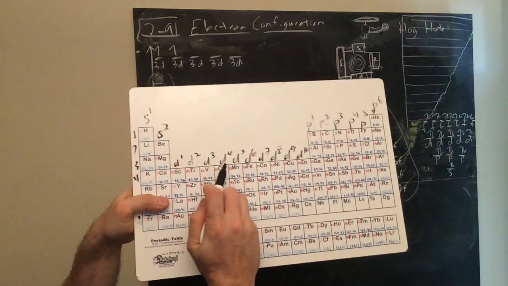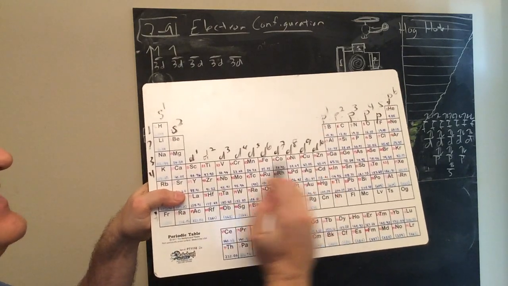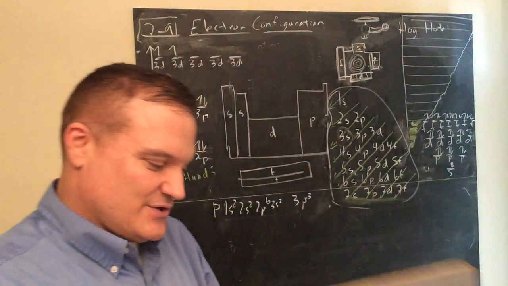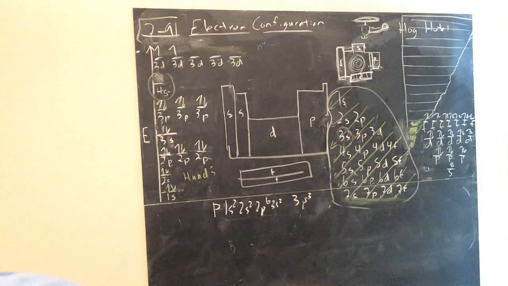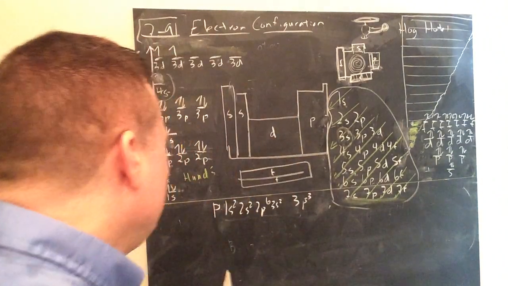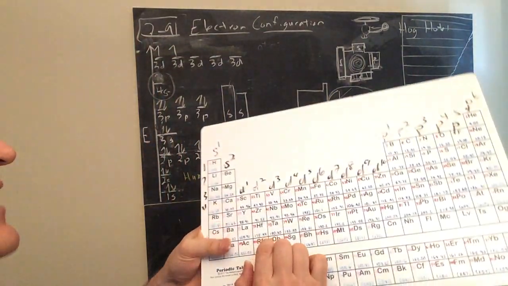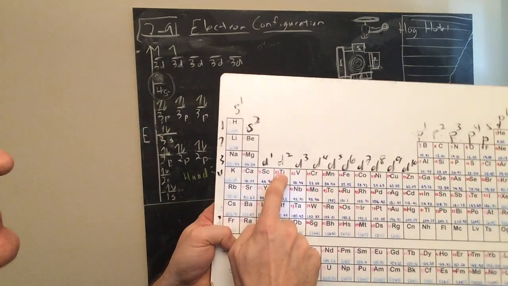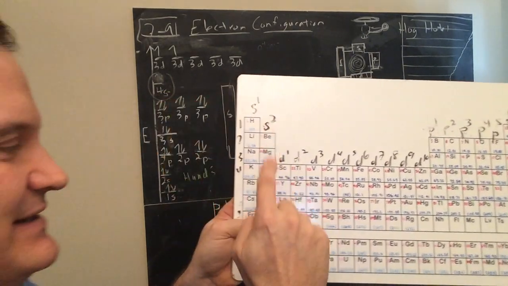There are exactly 10 spaces right there for the d electrons. Okay. If I take for example, actually we did it earlier, titanium. Titanium's block. Okay, now I didn't tell you this.